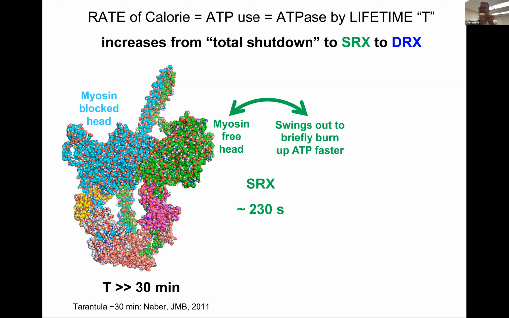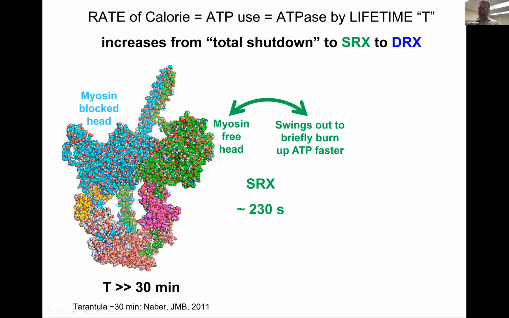This interactive heads motif, where the heads are interacting so strongly with each other in their own thick filament backbone, turns over ATP in the order of every half hour or more. But one of these heads, the one colored in blue here, is more blocked than the other, because the green, the free head, is partly bound over it, locking the blue one in place.